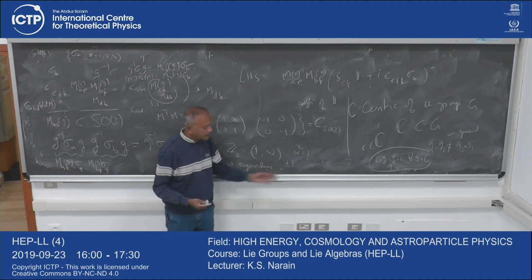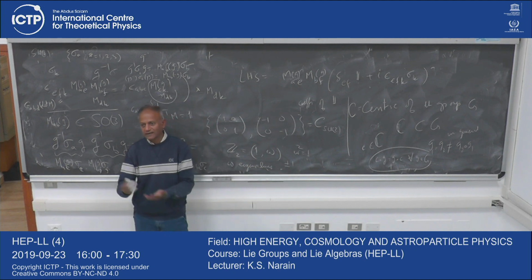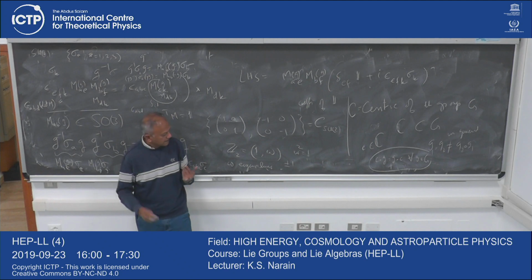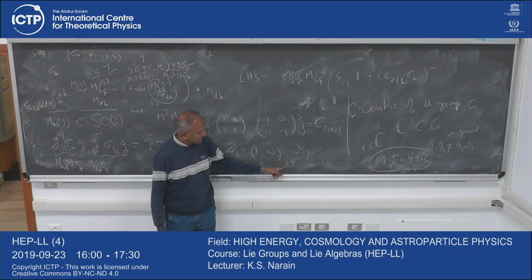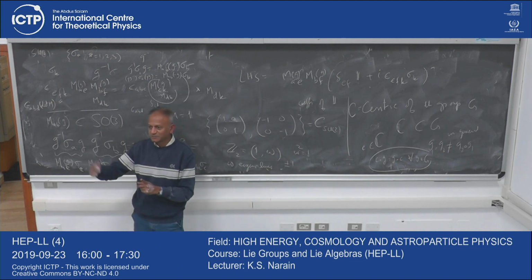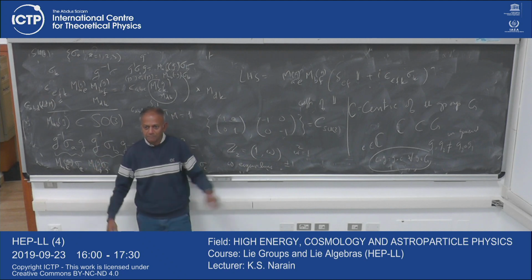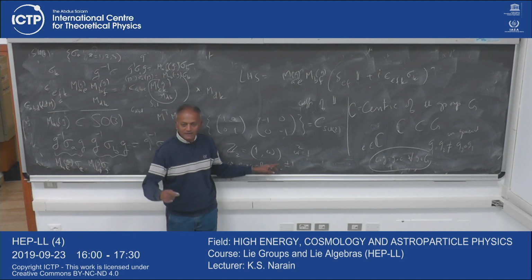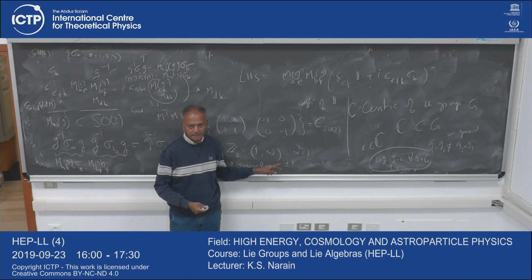Then you can ask what kind of representations are plus 1 and what kind are minus 1. It will turn out, and we will discuss it tomorrow, that all the half integer spin representations will have minus 1, and all integer spins will have plus 1. Okay, so that is what happens.